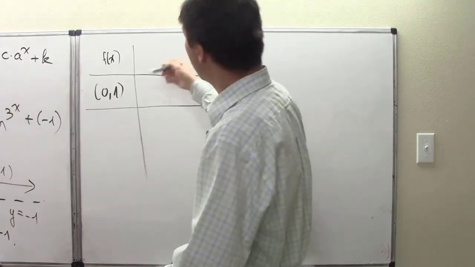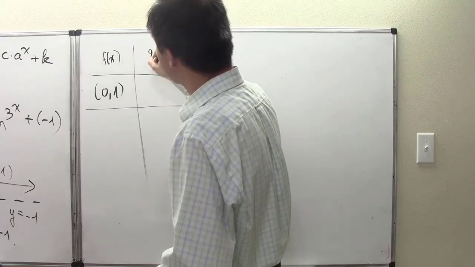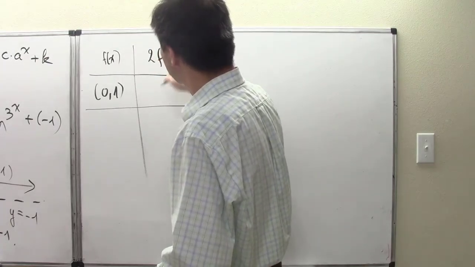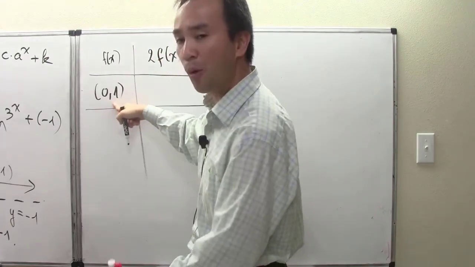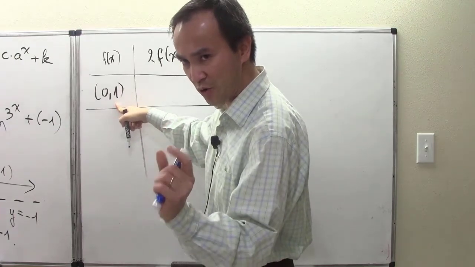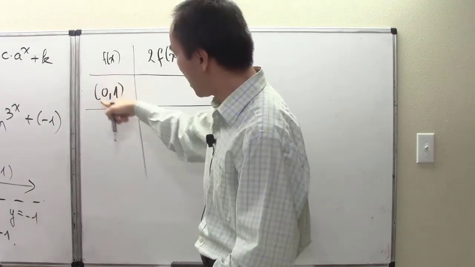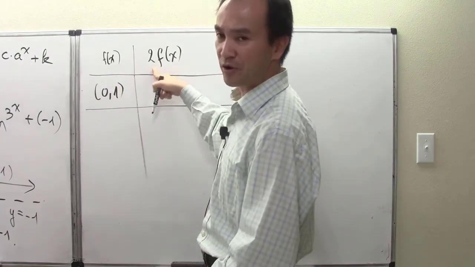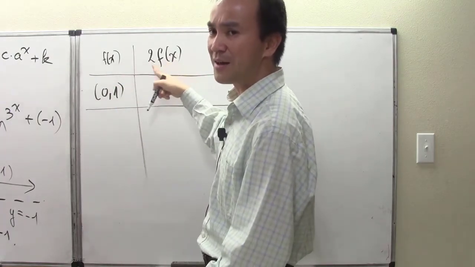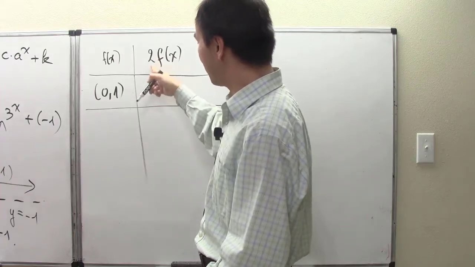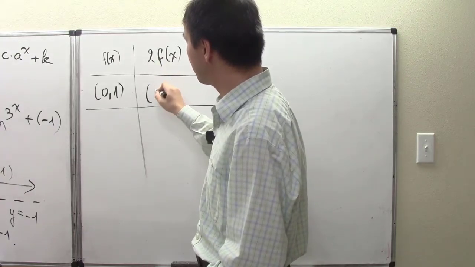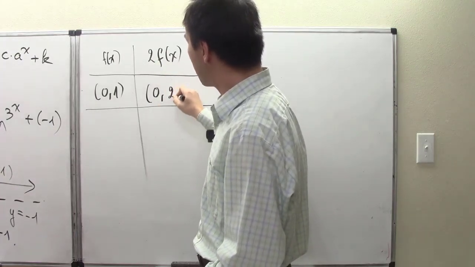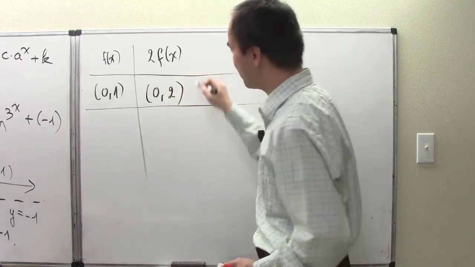So in the next column, I'm going to think about how the y value is going to be adjusted. The y value for the y-intercept is going to be adjusted after we multiply every y value by 2. And so multiplying every y value by 2, our y-intercept would be (0, 2). That's the first step.